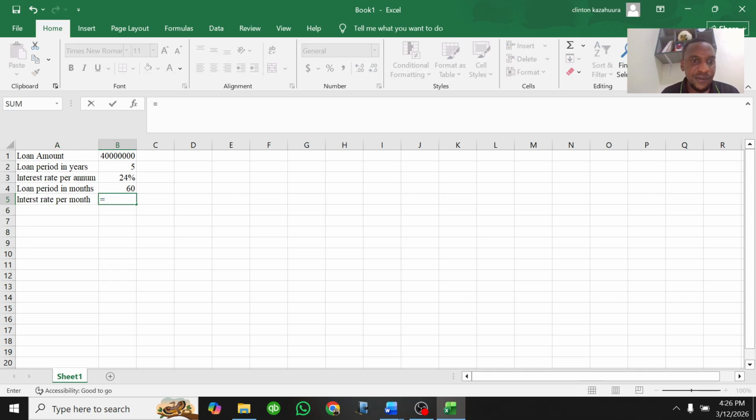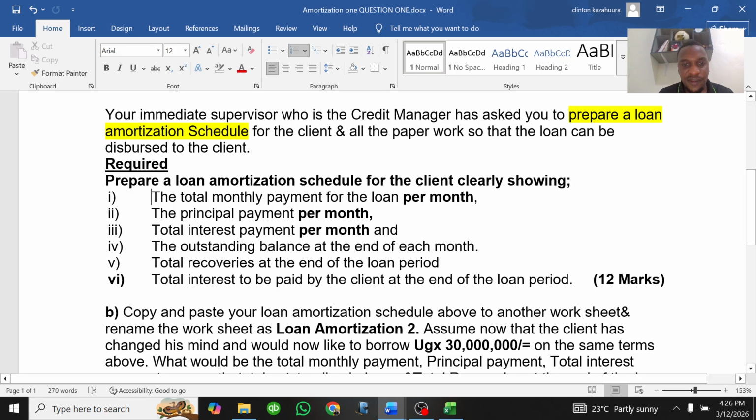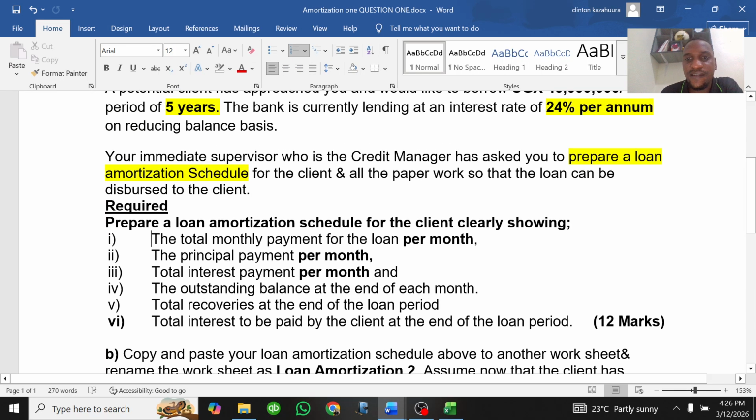So that will be equal signs. I get this interest. I divide it by 12. Because if per annum it is 24%, then it means per month it is actually 24% divided by the months in a year. So that one you're done. So I'm done with summarizing everything in the question.